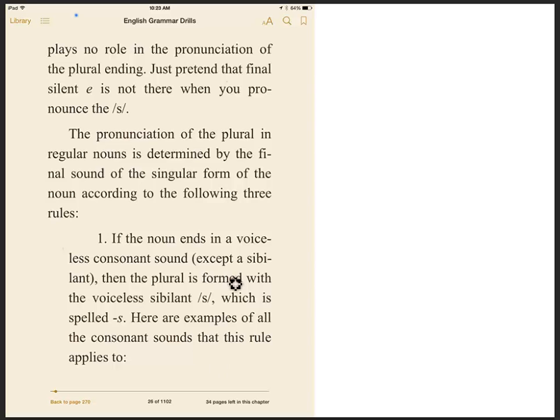Let's talk about when a word is pronounced with an S sound or a Z sound at the end, and how do you know? Basically, it comes down to what we call voiced or unvoiced consonants, and it is exactly what it sounds like. If a voice comes out of your mouth at the end of the word before the plural, then it's a voiced consonant.